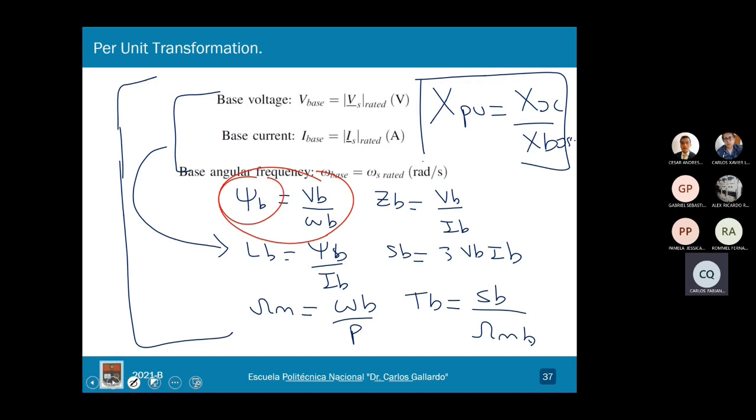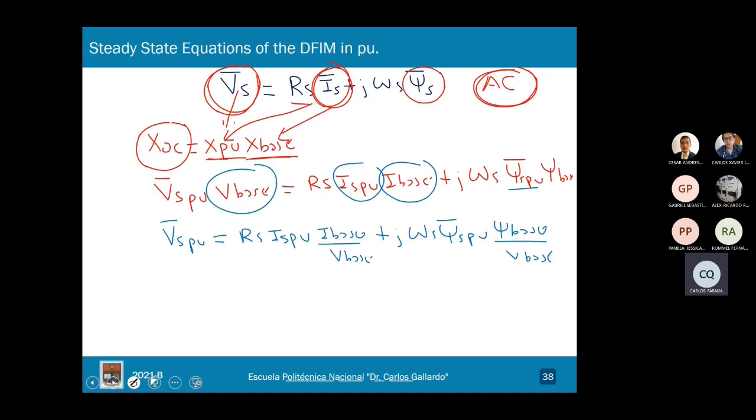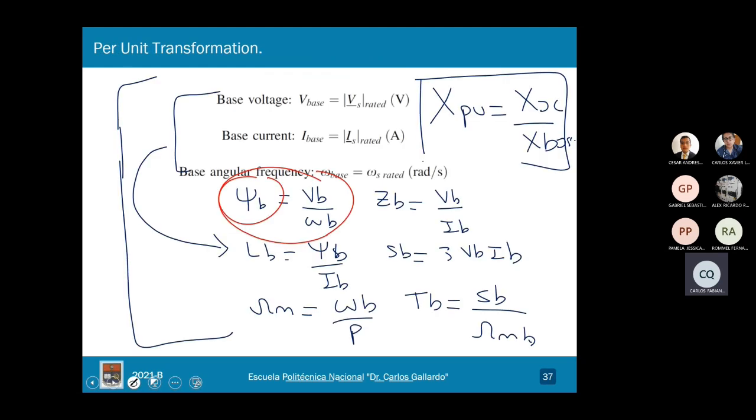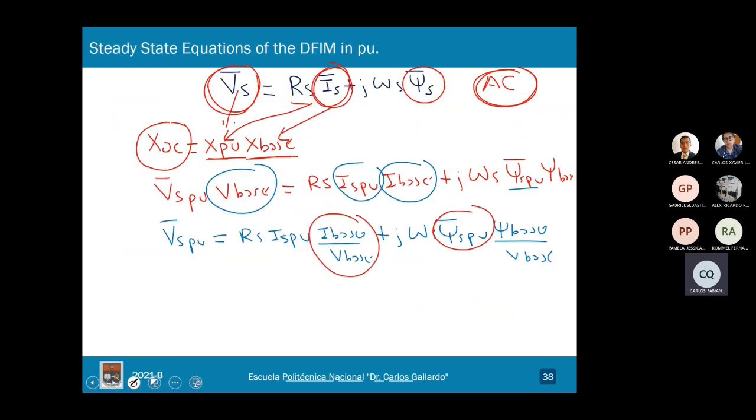And this is the impedance, right? This is the impedance base. The impedance base is voltage over current, so I have current over voltage. Therefore, this value divided by this value is the impedance base, and I will have the resistance in per unit values.